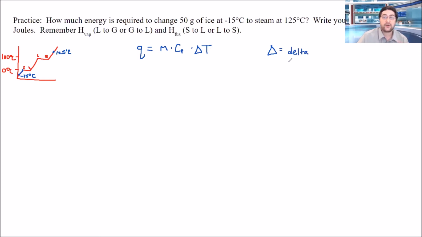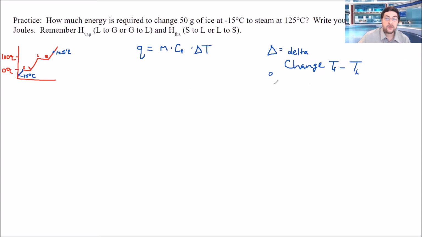Change, final minus initial. Delta means the change or the final minus the initial. So it would be our final temperature minus the initial temperature. Okay, final minus initial.